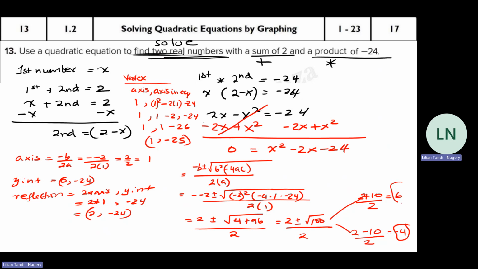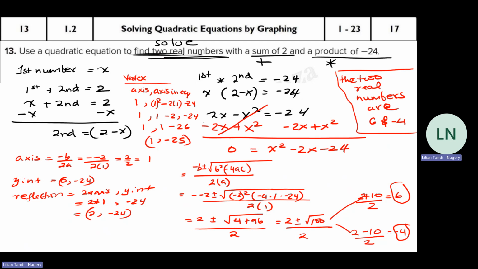So those are my solutions. My two real numbers are 6 and negative 4. And that's your answer.